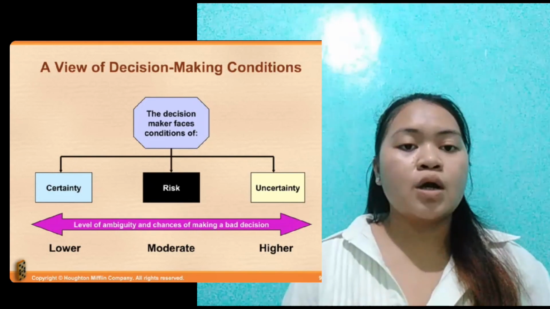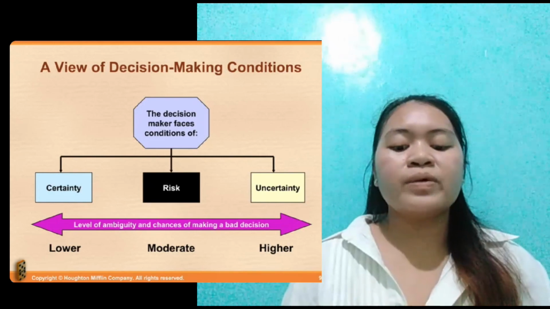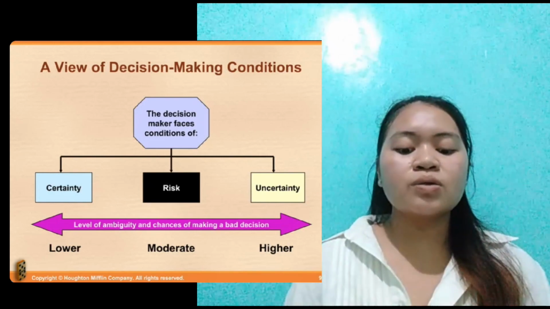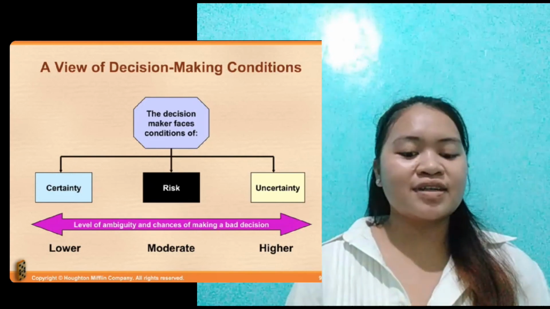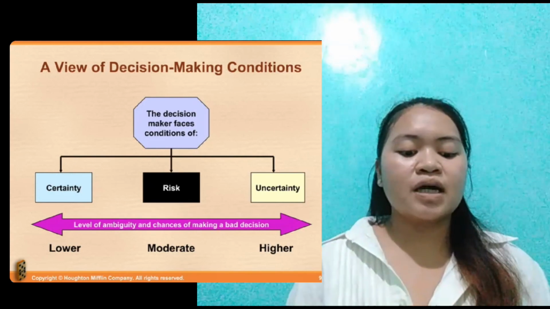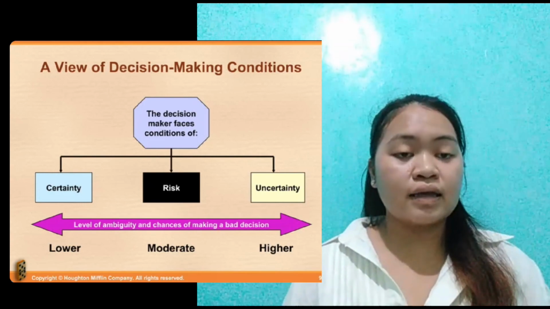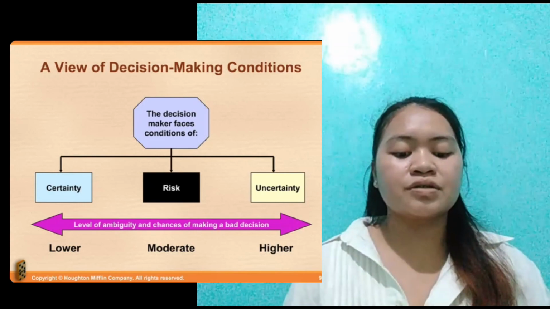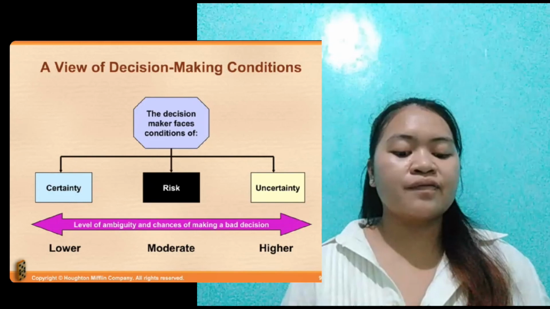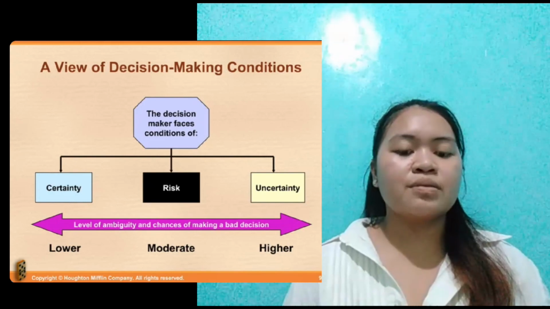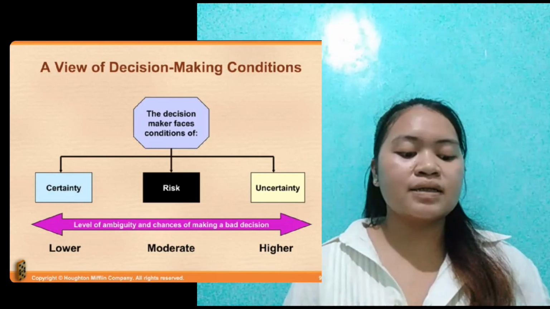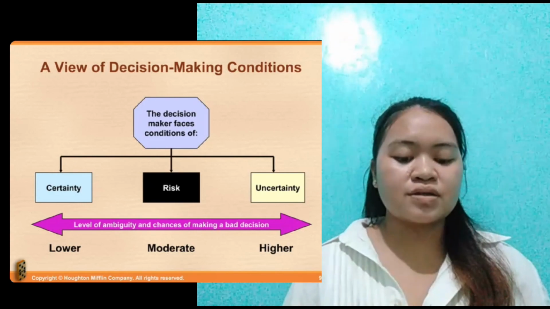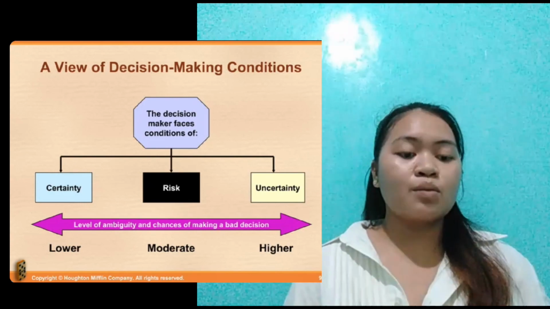Level of ambiguity and chances of making a bad decision. We have lower, moderate, and higher. When we say lower, it is a tolerant culture concerned or made uncomfortable by uncertainty. People tend to become anxious when they are in unfamiliar situations or don't have at least rough plans. And when we say moderate, tolerance for ambiguity is the ability to deal with ambiguous situations in a sensible and calm way.